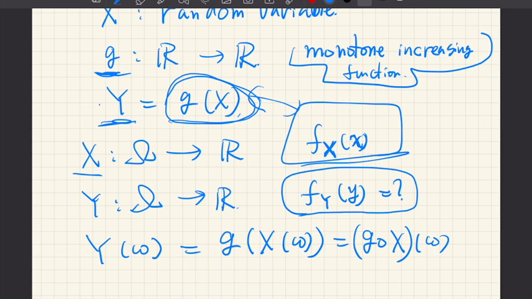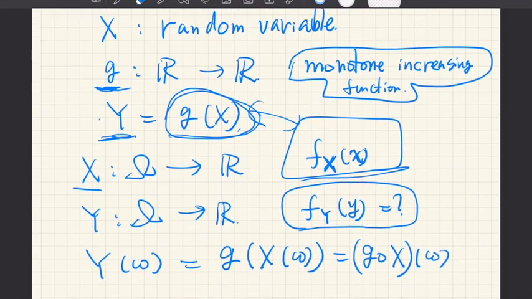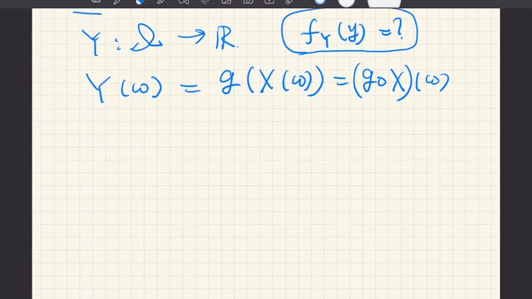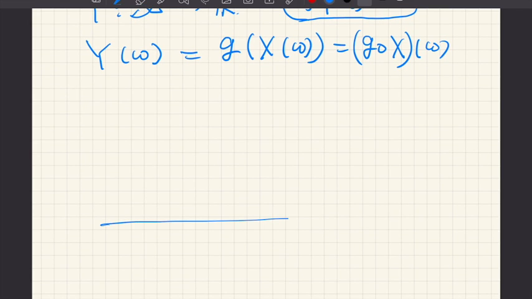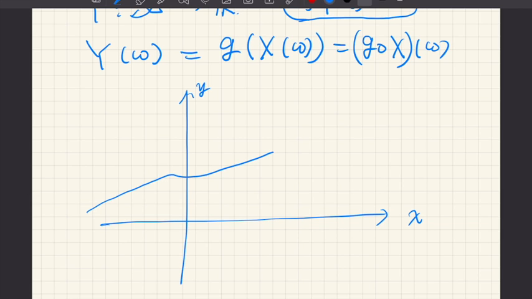By the way, do you know the meaning of this? It means g is a function from real numbers to real numbers. So if you plot a graph of g, it doesn't decrease. So it doesn't go like this. It is always constant or increasing.